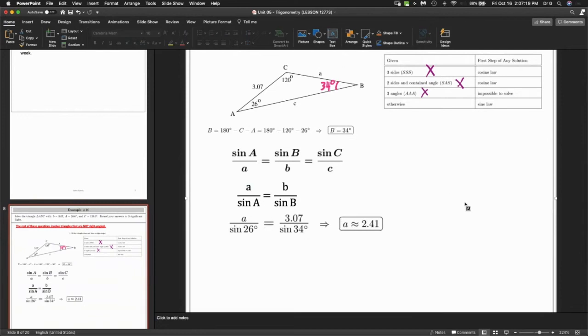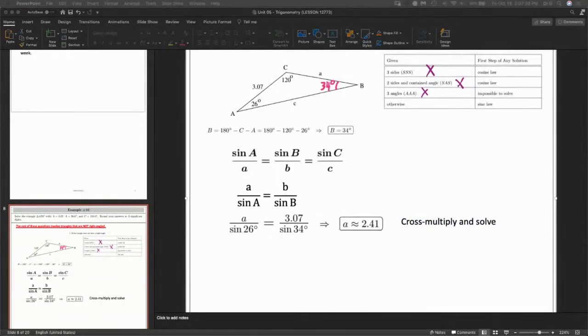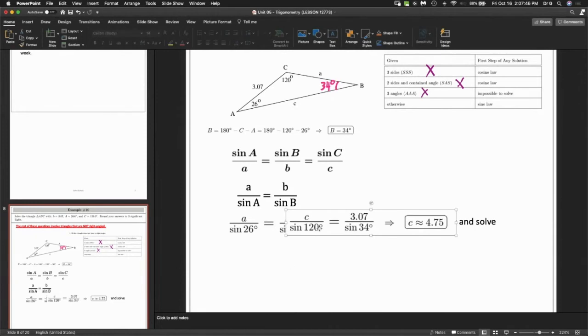So to finish these questions, top corner, yes. You can always just cross multiply and solve. So I can apply that logic to get the other length C, which would complete the question. So I'll just do that here, a little cut and paste.